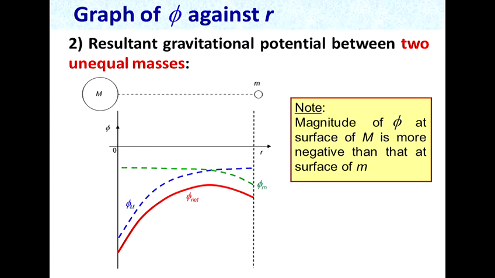Over here on the left-hand side, the value where it cuts the vertical axis will be more negative than that on the dotted graph, because big M has a larger mass, so the potential at that point on the surface of big M will be more negative.